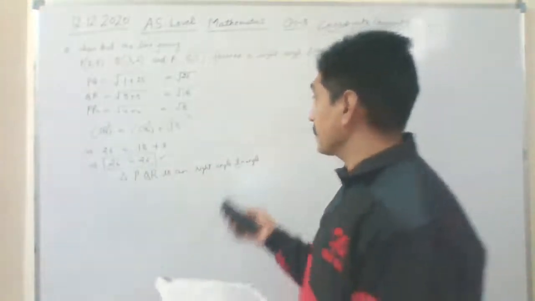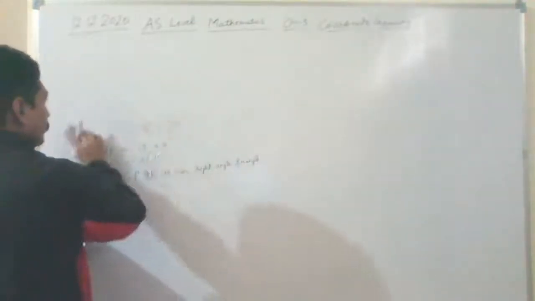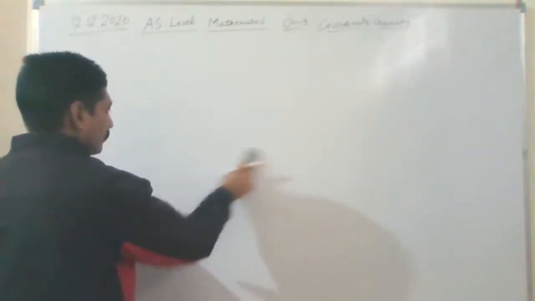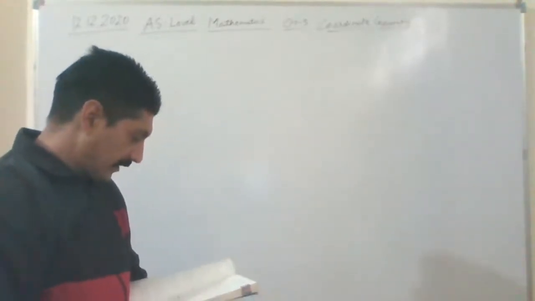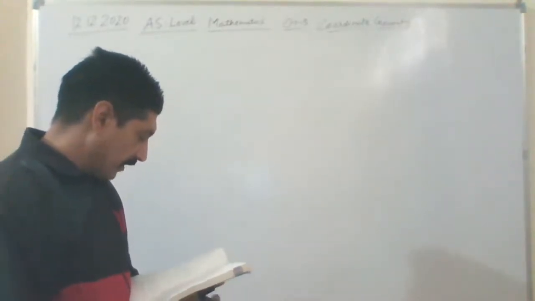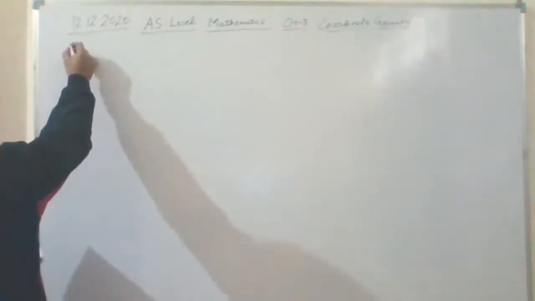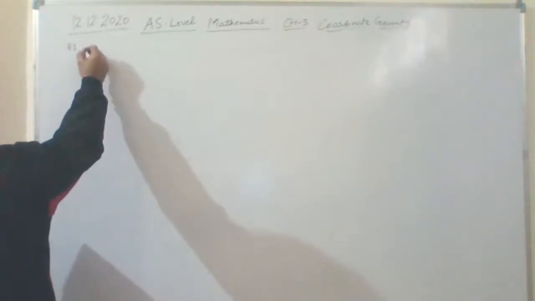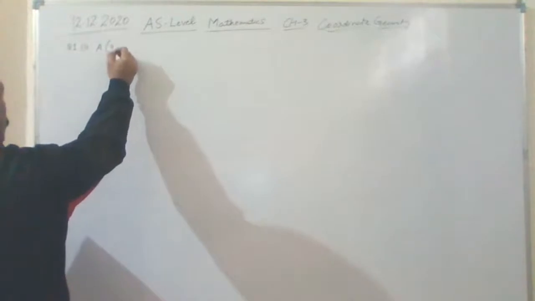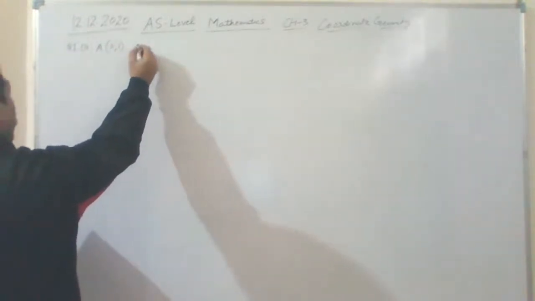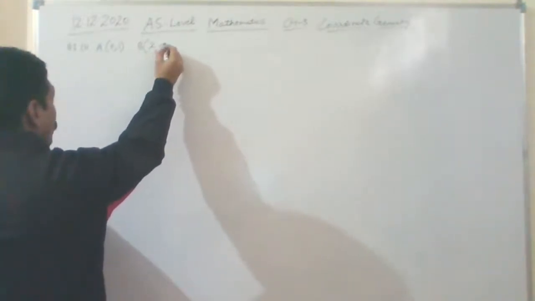So exercise chapter 3, we can take two parts. One we can take the last part and one we can take the first part. First part is question number 1. First part, A is 0, 1, and B here is 2, minus 3.